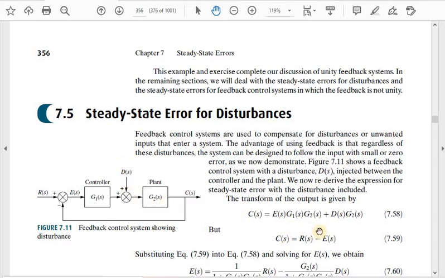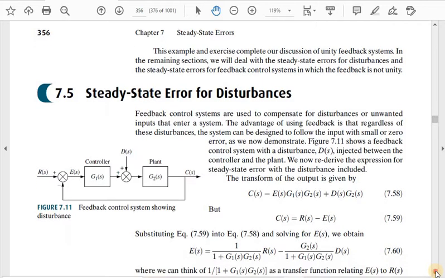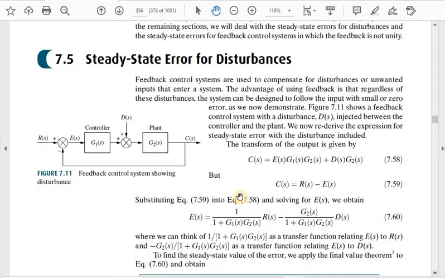So this is your output equation, but as we know, C of s, the output, is equal to R of s minus E. So if I substitute this equation and do a little mathematical manipulation, the main idea is to write the output in terms of error with respect to input and with respect to disturbances.